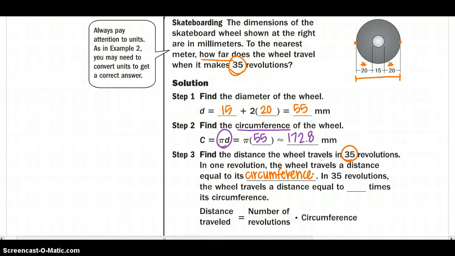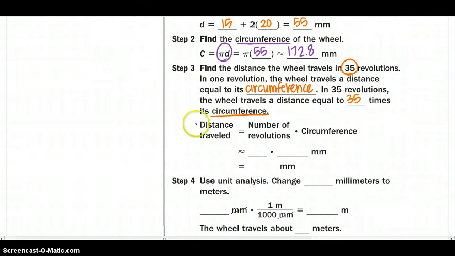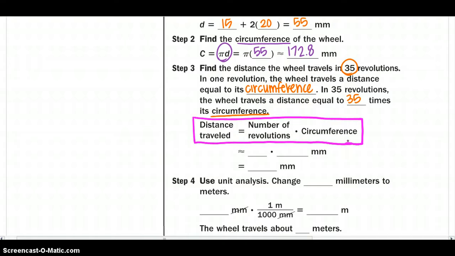In 35 revolutions, the wheel travels a distance equal to 35 times the circumference. So they have actually given you a very useful equation right here that you might want to refer back to if you have any problems. So we are going to take the distance traveled equal to the number of revolutions times our circumference.